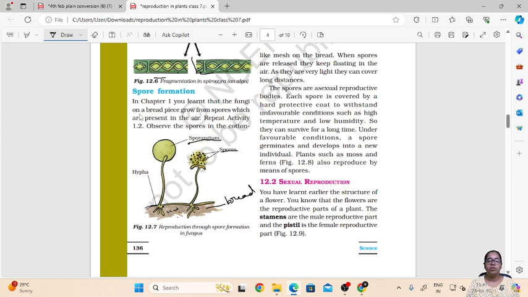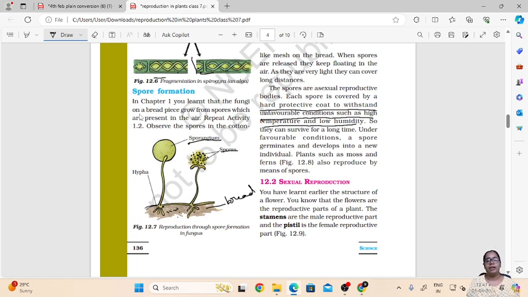So these spores are basically asexual reproductive bodies of the fungus or of the plants. They are very lightweight and the spore is covered by a hard protective coating to withstand unfavorable conditions such as high temperature and low humidity, so that they survive.